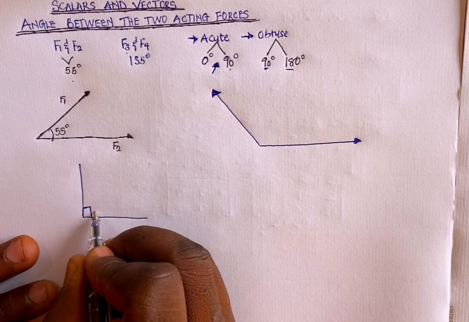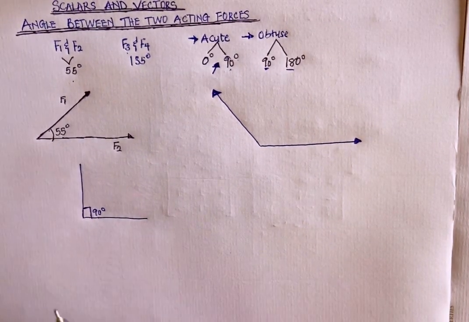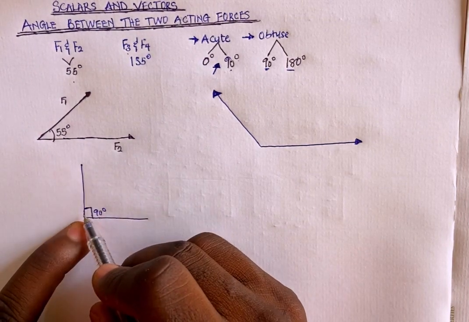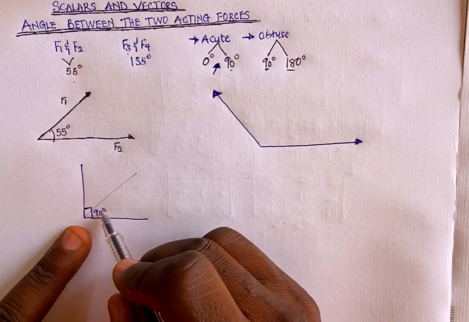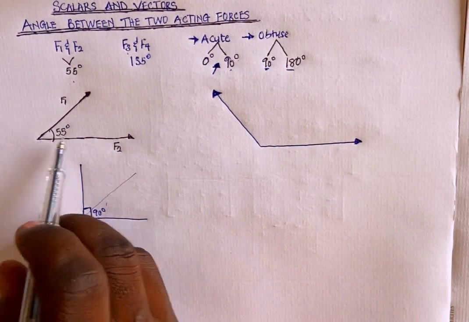But since we know that our 55 is not up to 90 degree, if we set our compass, we are going to reduce this to somewhere here, right? Which is 55 degree. So that's the reason why I drew this one like this.